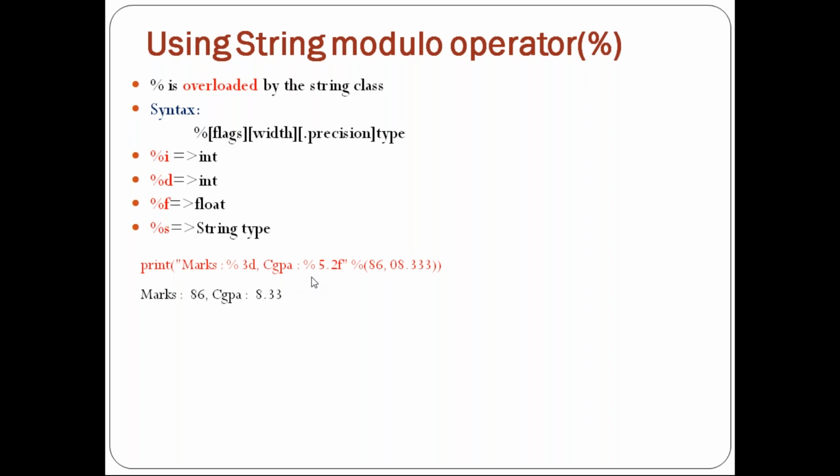And in order to print the CGPA, we are giving the format specifier like 5.2f. 5 represents the total number of characters allocated for printing, and 2 represents the number of digits after the decimal point, and f stands for printing the floating type value.